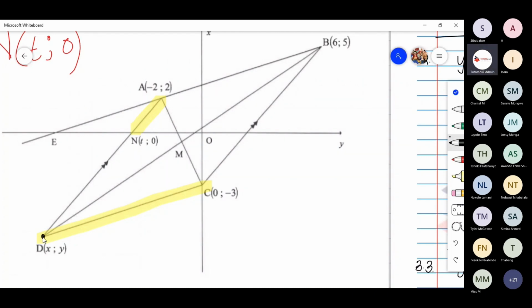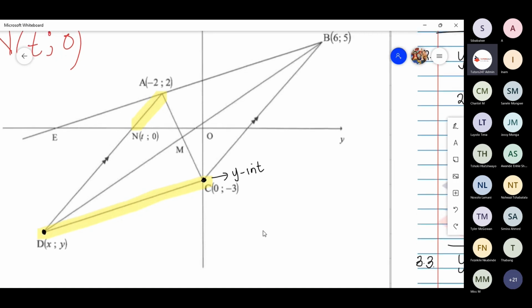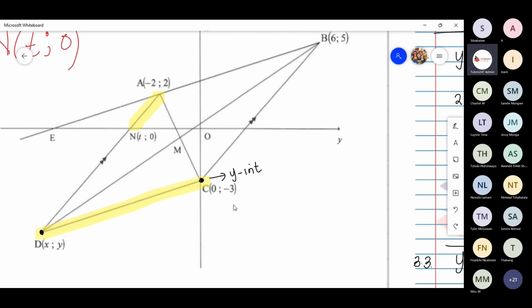So point D, point C, something important to take note of is that point C is a y-intercept. And as you can see, because it's a y-intercept, the equation of DC, your C value will be -3, meaning that the constant in your equation will be -3.